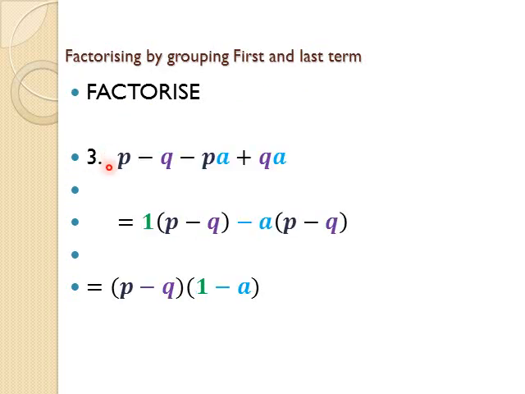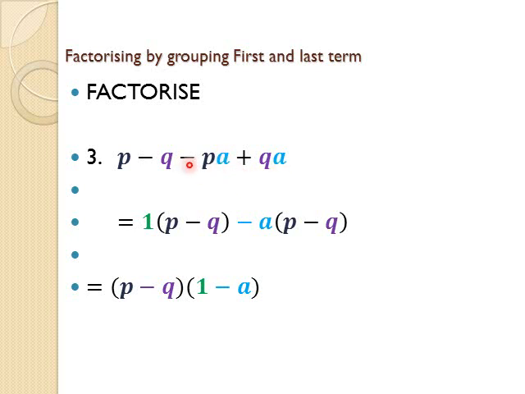Right, so factorize p minus q minus pa plus qa. Over the years teaching this, if the third term is negative, we will take out the negative also as a common factor. From the first two, you see p minus q. I'm just writing that invisible one, that stays p minus q. There's no common factor. If I take the last two, you should see I have a.